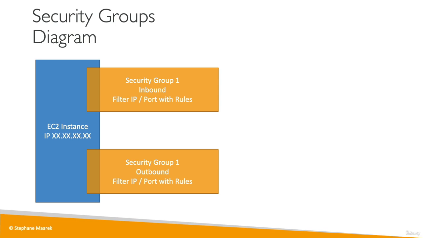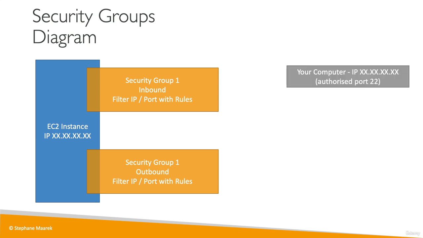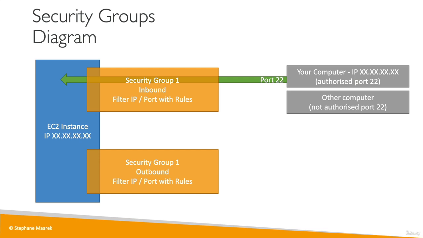Now let's look at the diagram. We have our EC2 instance, and it has one security group attached to it that has inbound rules and outbound rules. I've separated them onto this diagram. Our computer is going to be authorized on, say, port 22, so the traffic can go through from our computer to the EC2 instance. But someone else's computer that's not using my IP address, because they don't live where I live, will not get through if they try to access our EC2 instance, because the firewall is going to block it, and it will be a timeout.